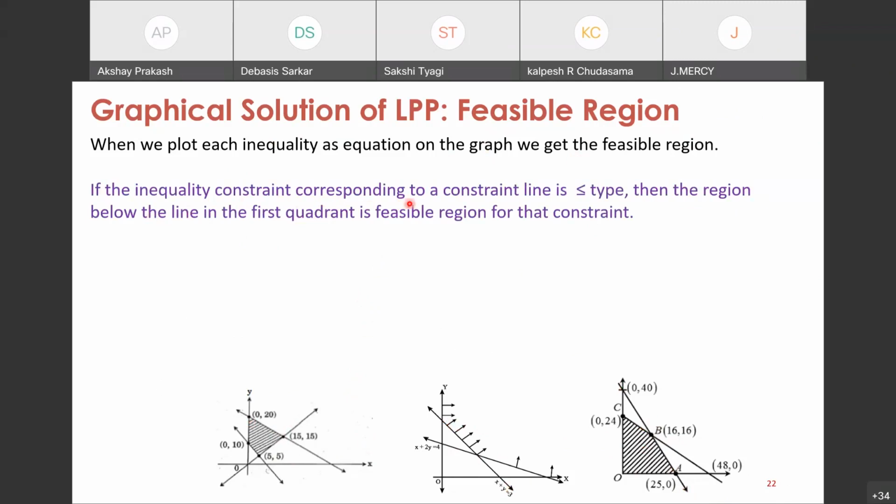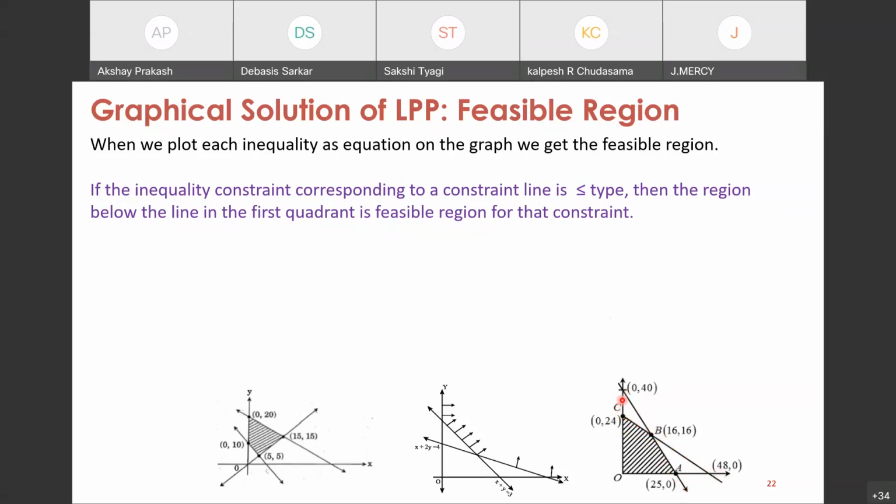If the inequality constraint corresponding to a constraint line is of less-or-equal-to type, then the region below the line in the first quadrant is the feasible region for that constraint. Here, both these equations correspond to 2 different linear inequality constraints, and this straight line is of less-or-equal-to type, and this inequality is also less-or-equal-to type.